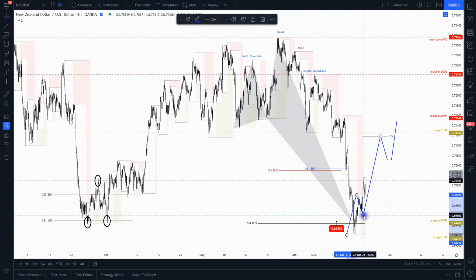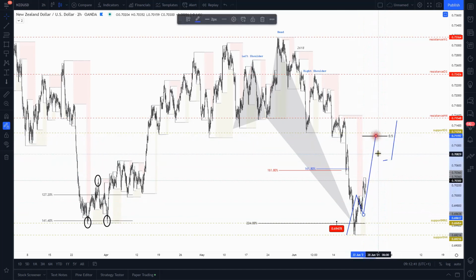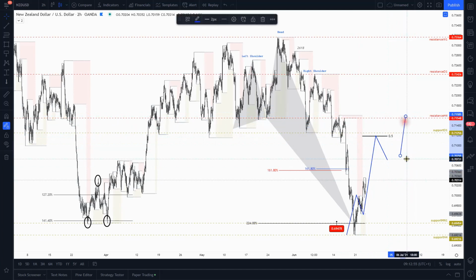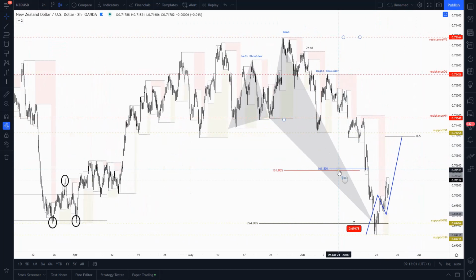First wave, the pullback, second wave, I need to see the price now squeezing kind of a rally just for me to the 50% Fibonacci, and then a pullback in the fifth wave equals the first one, so eventually something like this. But of course I don't care if the market will print me this sequence. I just need to see the price trading these levels. That's actually what I need to see.